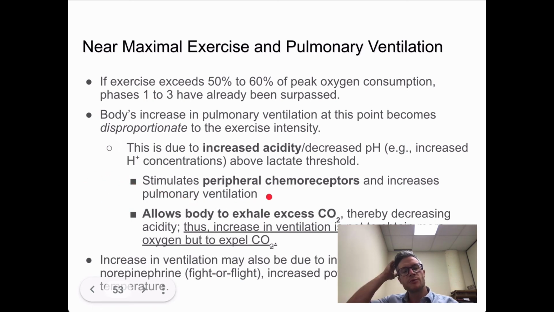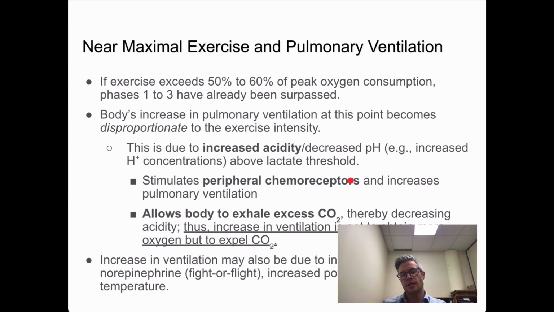Again, those chemoreceptors on our periphery pick up this increase, and because of that, the disproportionate increase in ventilation that we experience near maximal exercise, that kind of hyperventilation, allows us to exhale excessive carbon dioxide that builds up when we're above our anaerobic threshold.